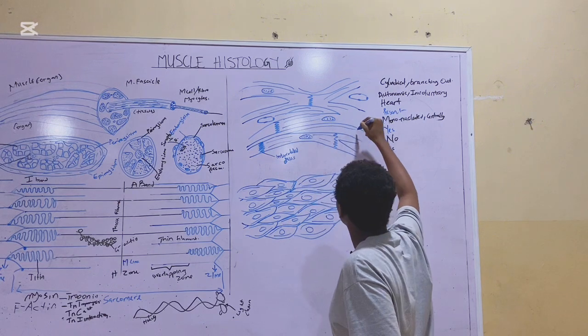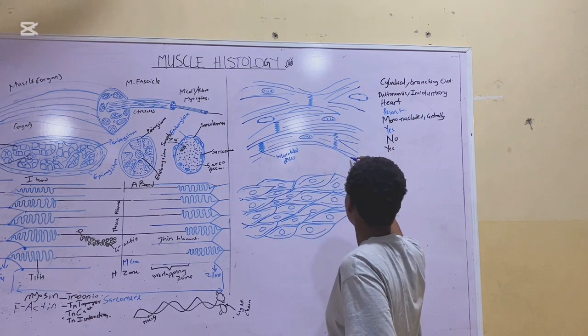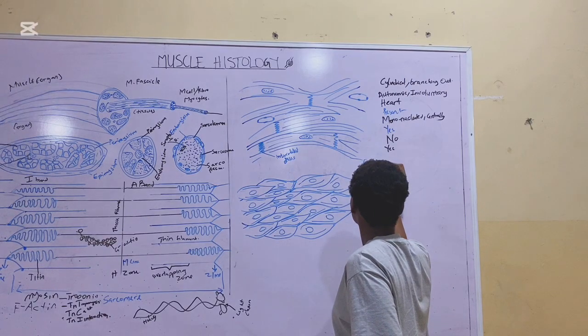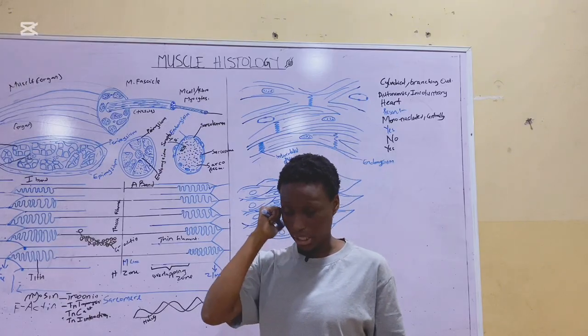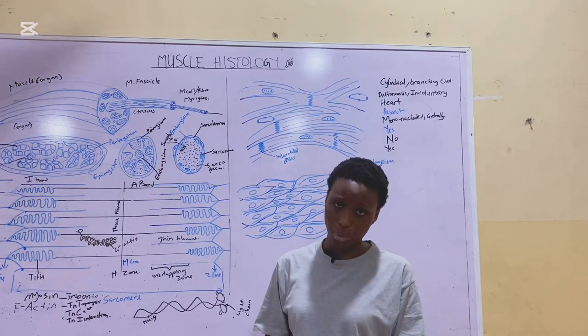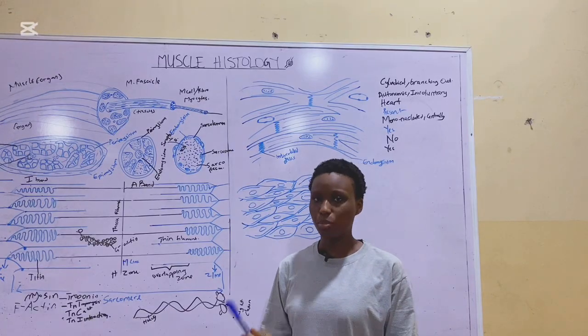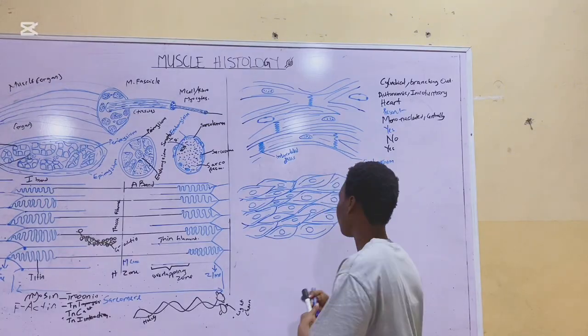This connective tissue, I hope you remember, is called endomysium. Now, surrounding the fasciculi of this cardiac muscle, a bundle of cells, we also still have the perimysium. But in the cardiac muscle, the perimysium contributes to the formation of the cardiac skeleton.